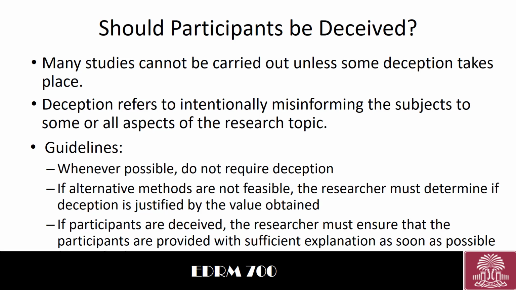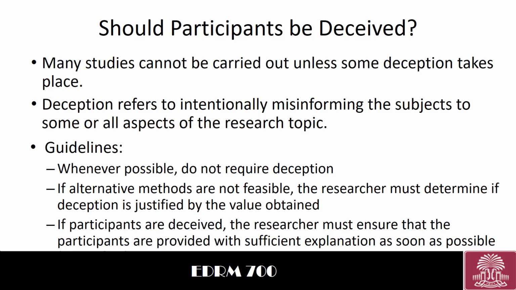Researchers must determine if deception is justified by the prospective study's scientific, educational, or applied value. If participants are deceived, researchers must ensure that participants are provided with an explanation as soon as possible.